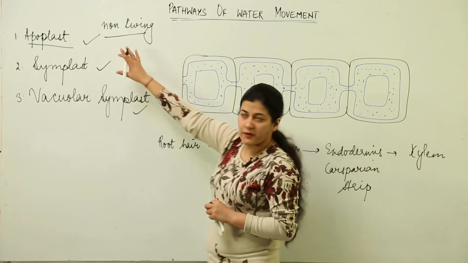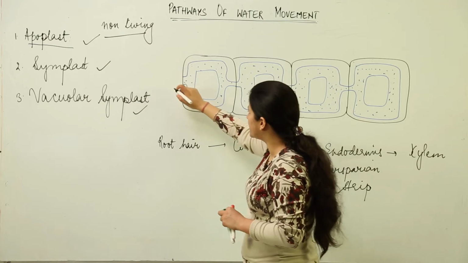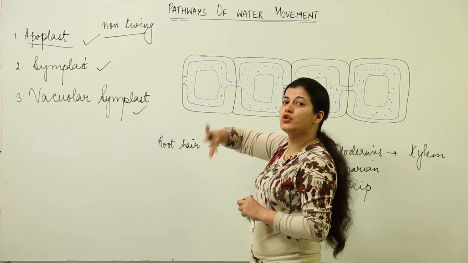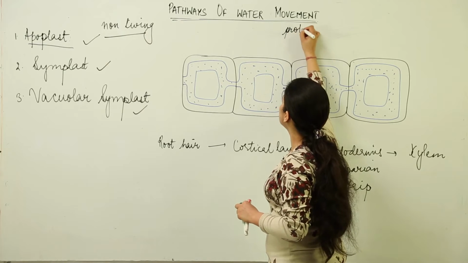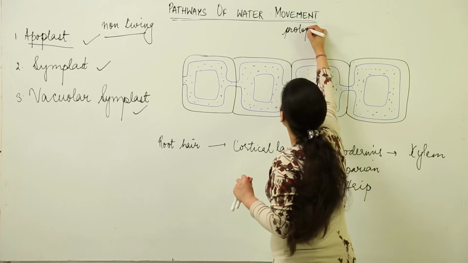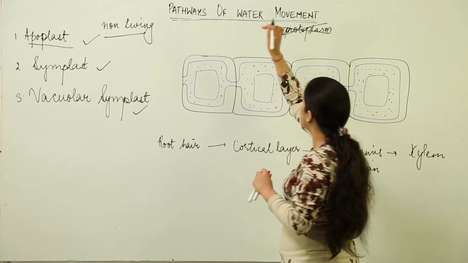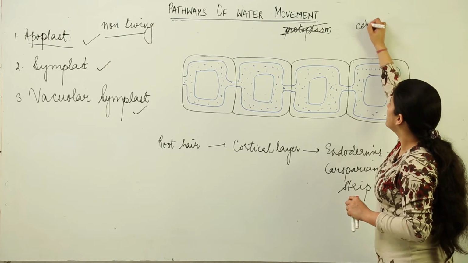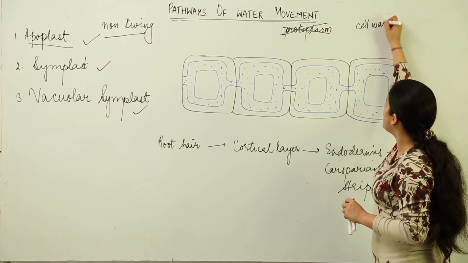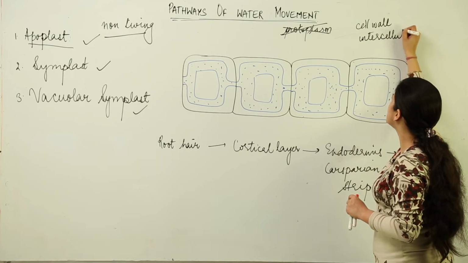So the apoplast pathway is that movement or passage of water where the water does not enter the protoplasm of the cell. Instead, it is going to take the passage where the cell wall and intercellular spaces would be involved.